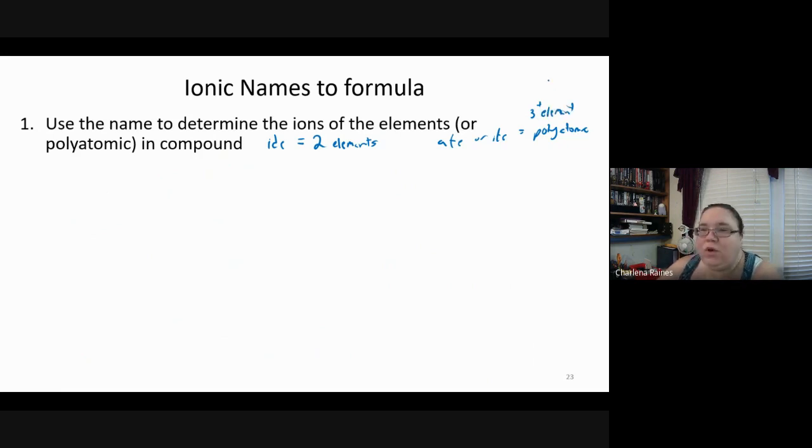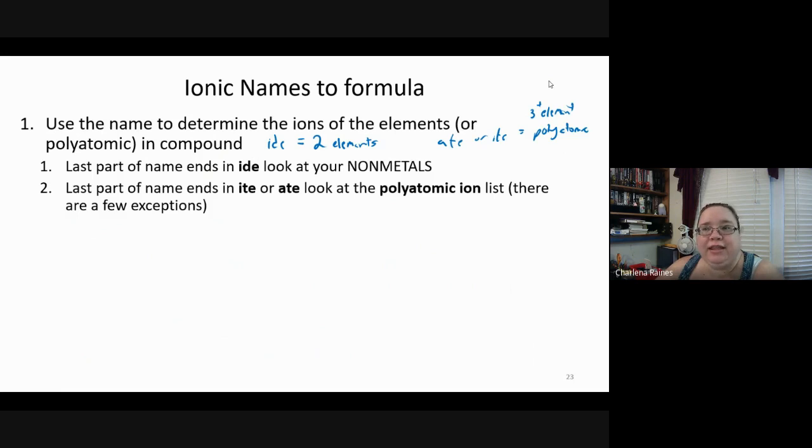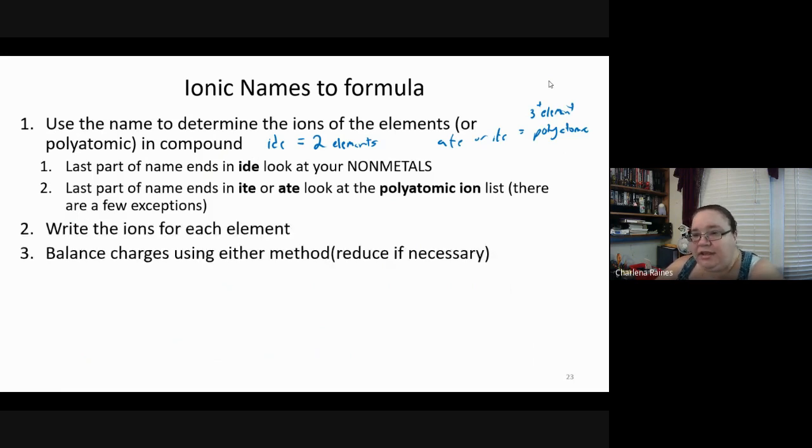So once you figure out what elements you're working with, then you're going to write their ions. You're going to write what charge each of the elements or the polyatomic forms. And then you're going to balance your charges. So remember, by balancing charges, we have to ask ourselves, can they reduce? Do they balance? If they do balance, we just write the letters.